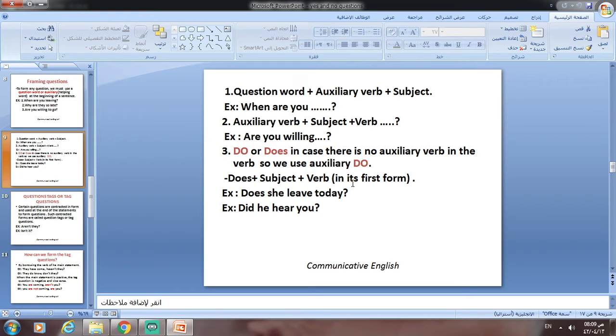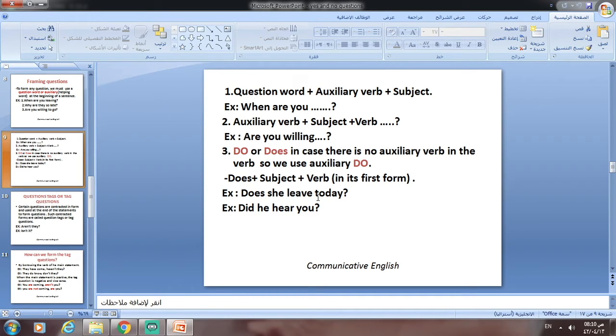Whenever you use do or does, you must put the verb in its first form. In its first form, it means you mustn't put s at the end of the verb, and you mustn't put d or ed or ing, when you use the auxiliary verbs does and did as a question.